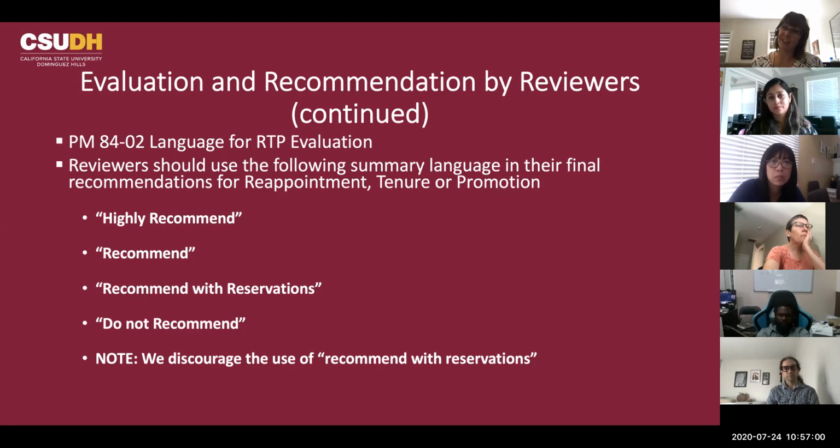It's like, well, maybe they don't want to be the bad guy and they just want to punt it to the next level, okay? It's better to be forthcoming and to let people know where they stand. But they have the choice of those 4 recommendations. Again, that is different than satisfactory or unsatisfactory.